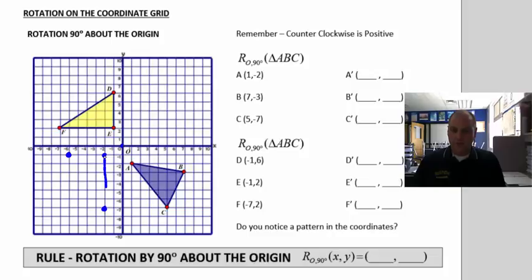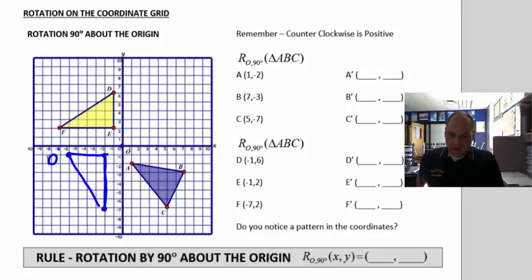Okay, there we go. Now it is rotated. That is rotated 90 degrees. Okay? So it just turned around, went like that, and now it looks like that. Okay? So now we have our D prime.